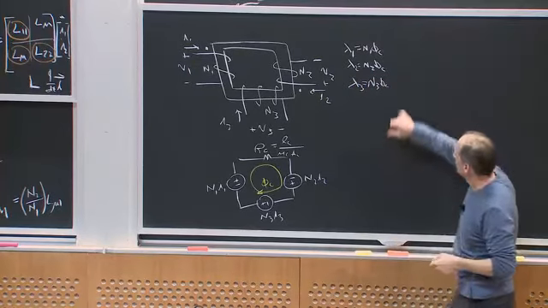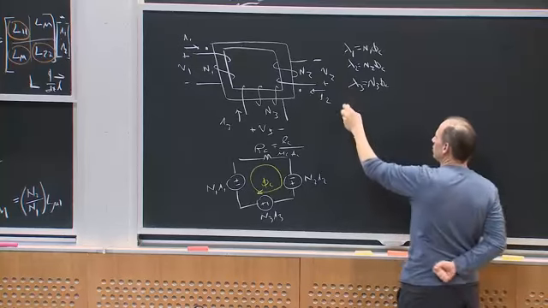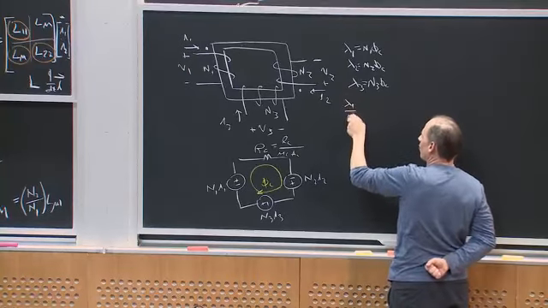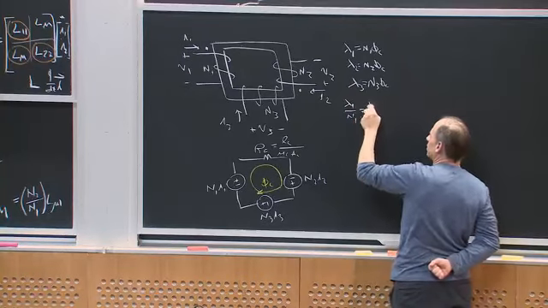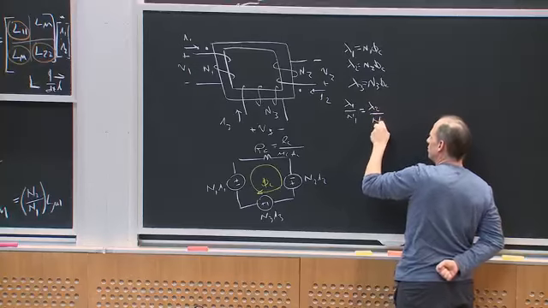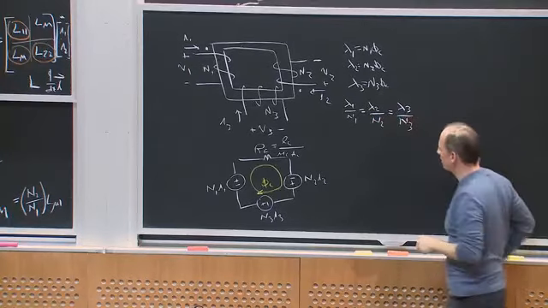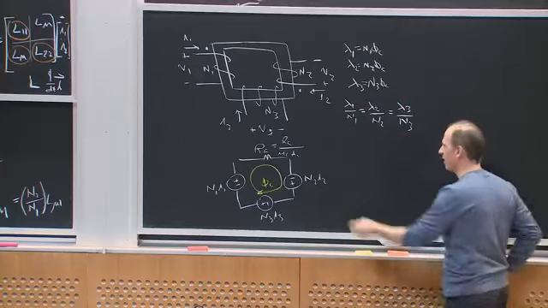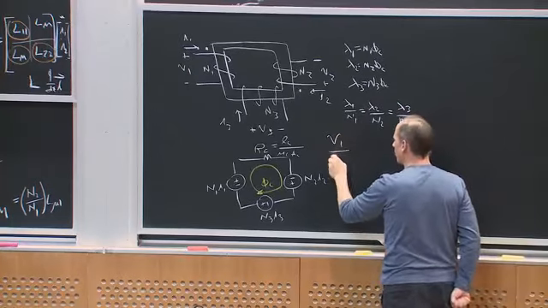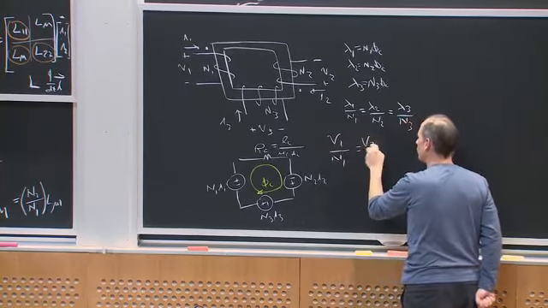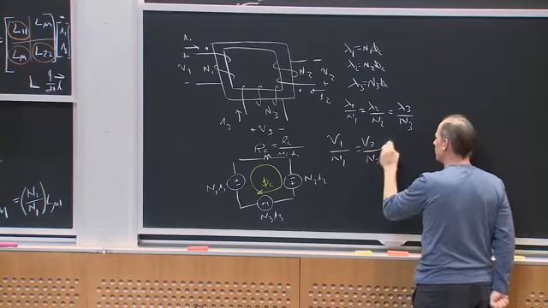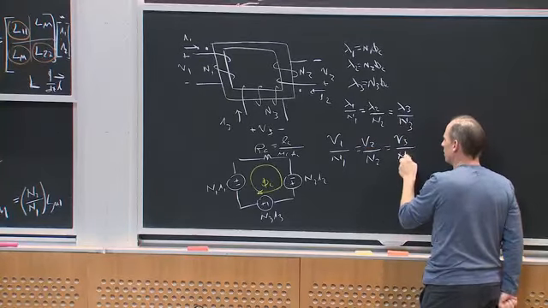So phi core is equal to lambda 1 over N1, which is equal to lambda 2 over N2, which is equal to lambda 3 over N3. Or if I differentiate this, V1 over N1 has to equal V2 over N2, which is equal to V3 over N3.